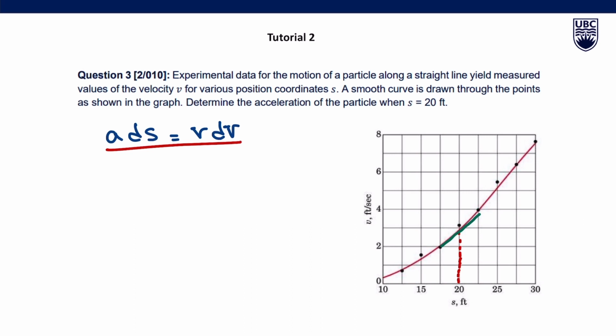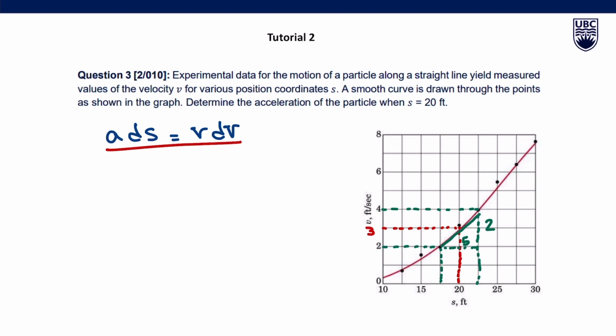So this is 20 feet, and the velocity at this point, according to the graph, is 3. So this distance here is 5, and this distance is 2.